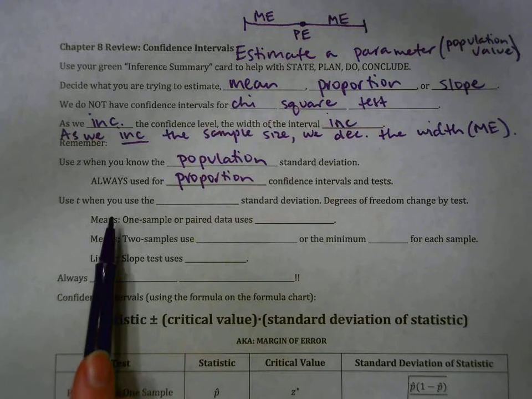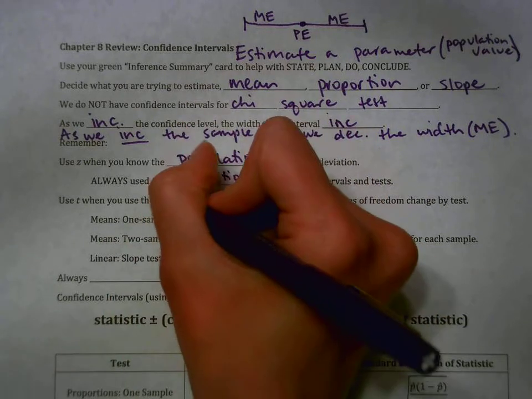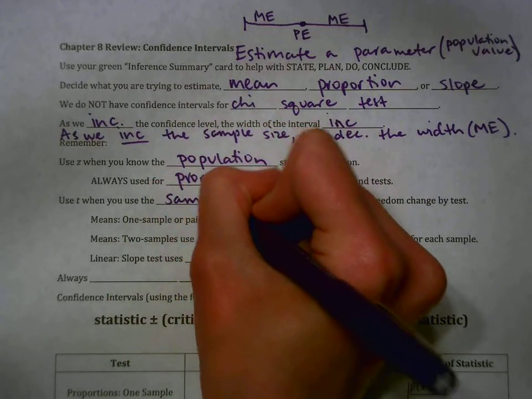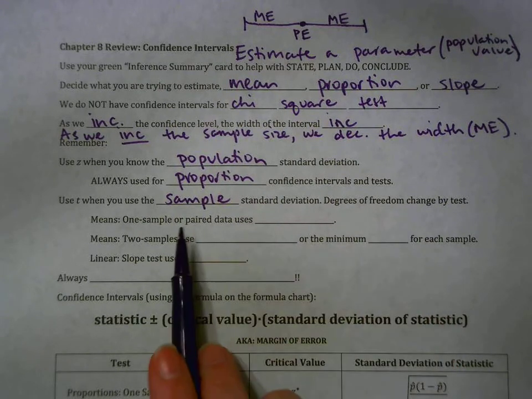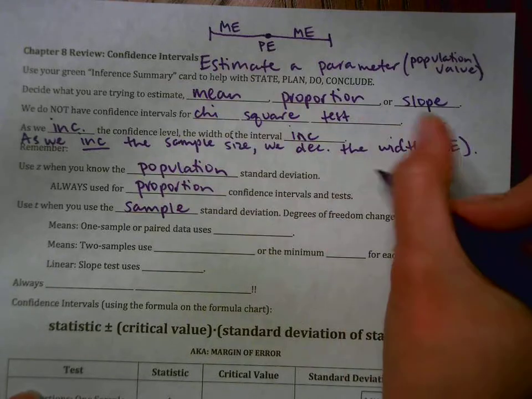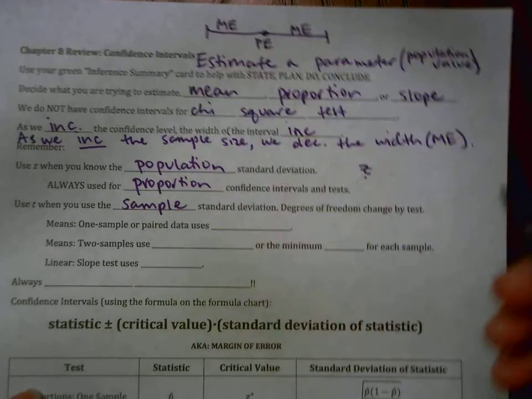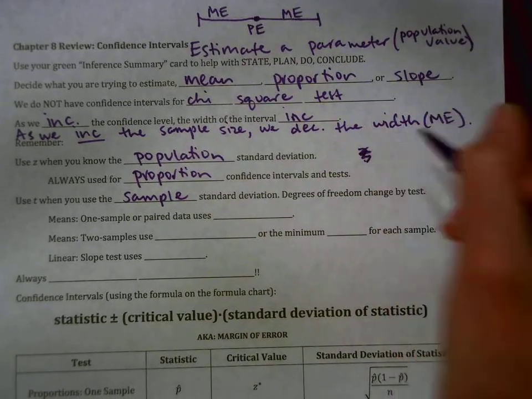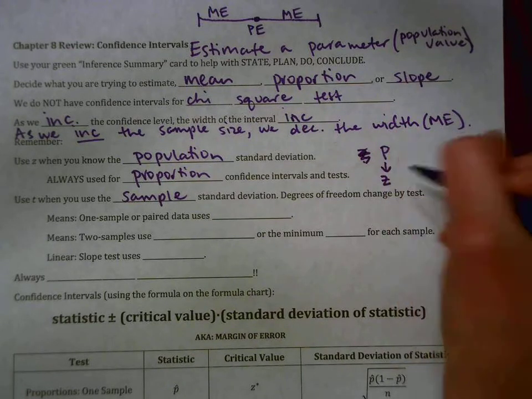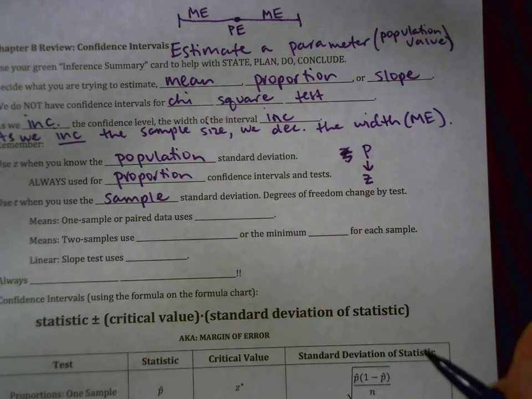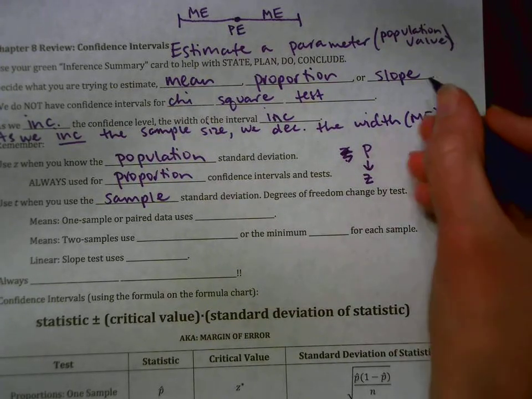When you use the sample standard deviation, and your degrees of freedom depend on your test, right? If it's a proportion problem, you automatically use Z. It's either a Z interval or a Z test.